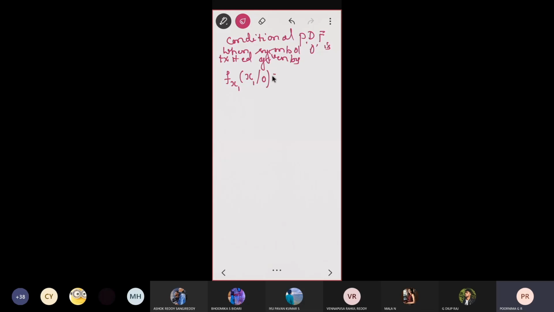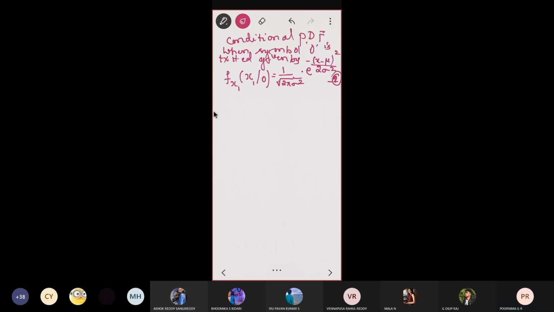It can be computed in terms of variance and mean as 1 upon root 2 pi sigma square multiplied by e to the power of minus x minus mu whole square divided by 2 sigma square. You can call this equation 2.